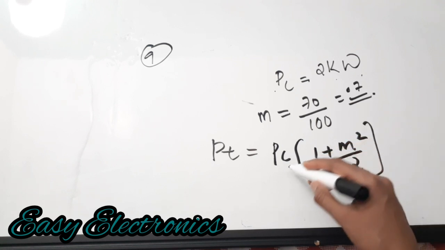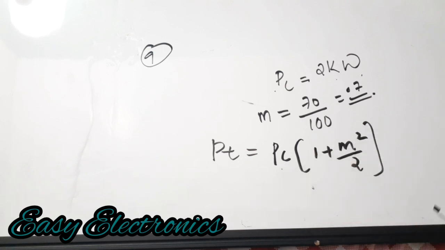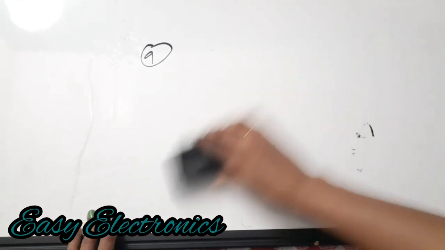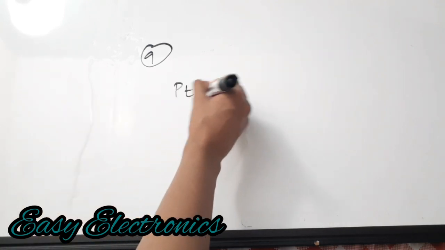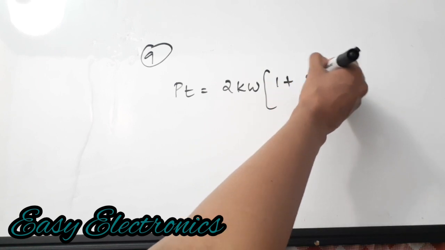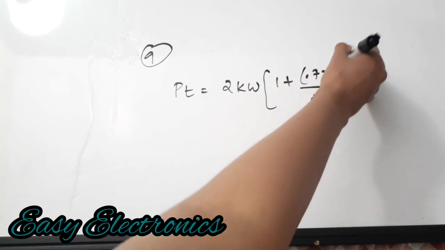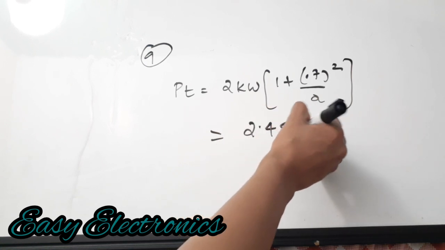Directly substitute the values for PC and M and you will get the answer. PT is equal to 2 kilowatts into 1 plus 0.7 square by 2. If you solve it, the value you get is 2.49 kilowatts.